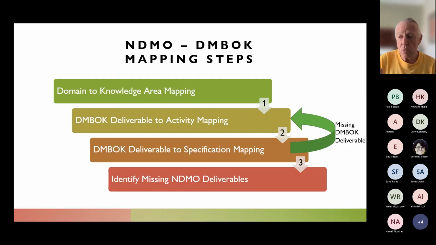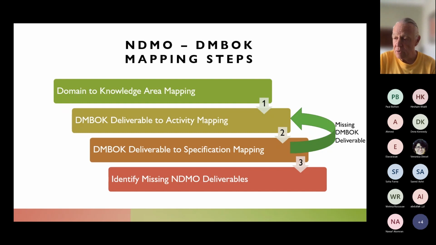Okay, so what was the approach that I took? First of all, I did a domain, NDMO domain to knowledge area mapping. Then I did a DMBOK deliverable to activity mapping in the DMBOK, because if you look at the context diagram, it's got a whole lot of activities, but it doesn't have a well-defined mapping between the deliverables and the activities.